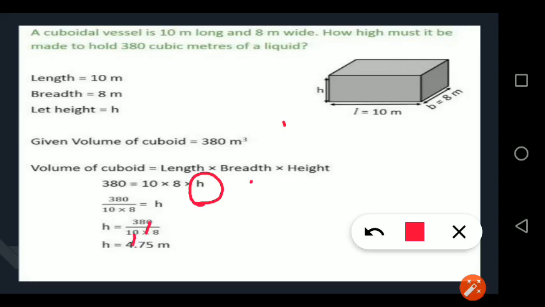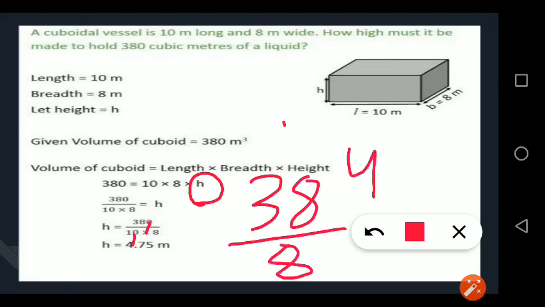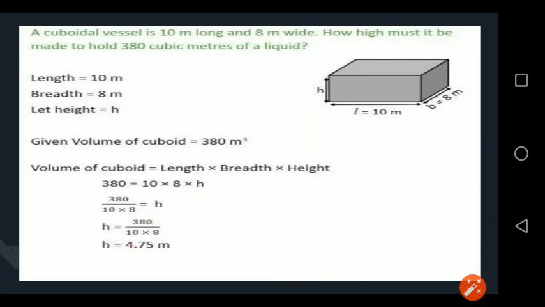Then we divide 38 by 8 and we'll get 4.75. That is the answer for this, which means the height of this cuboidal vessel is 4.75 meter. Understood? This is also very simple, no?